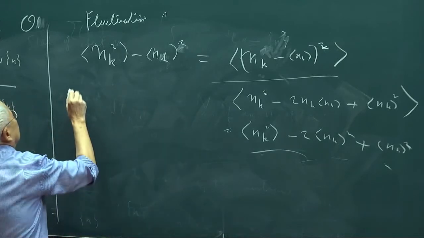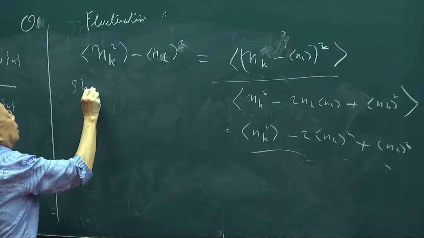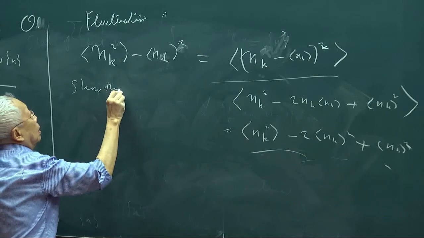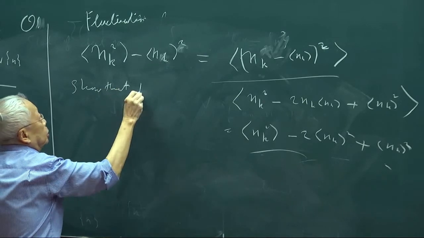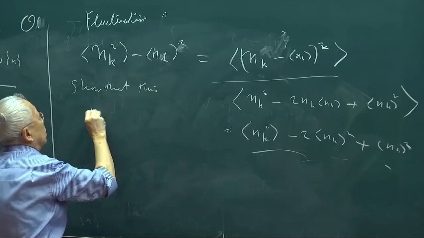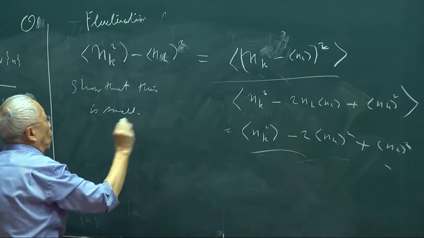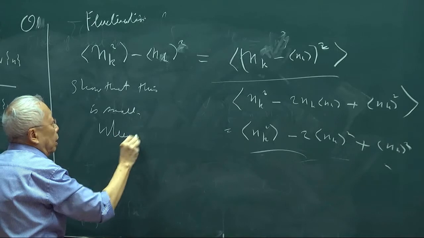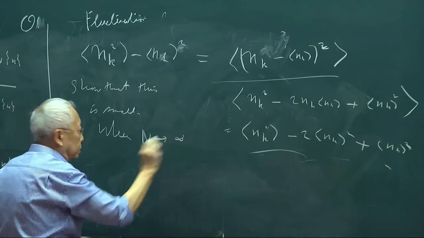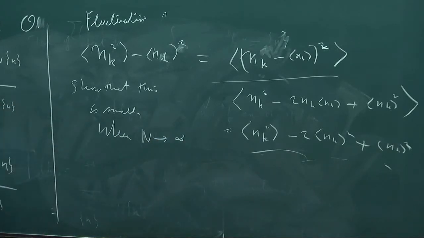We're going to show that this is small when n goes to infinity. If this is small, then almost all nks will be the average value, because the deviation from the average is very small in the ensemble.